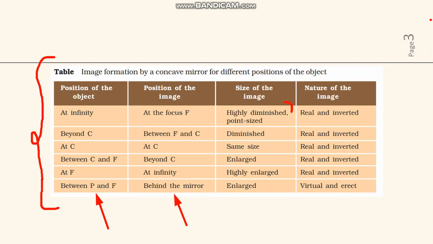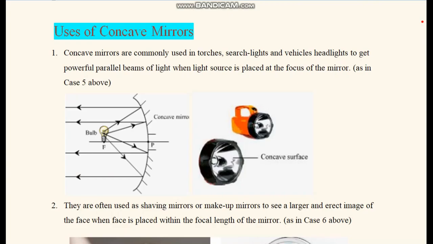And the size of the image also keeps on increasing in first 5 cases, except the last case where the image is still enlarged but not highly enlarged. In first 5 cases, the image is real and inverted, and only in the last case when the object is kept within the focal length, the image is virtual and erect.